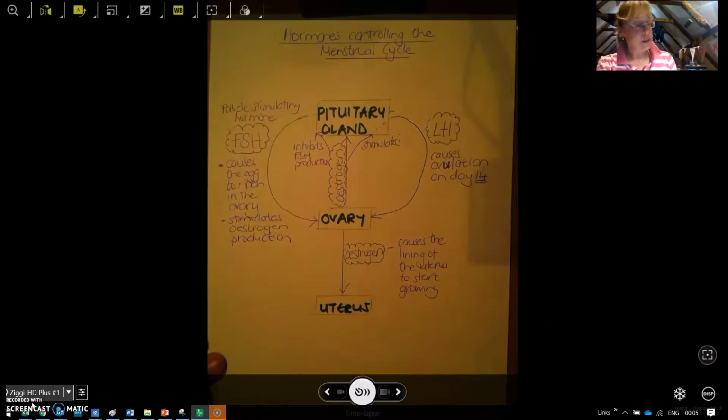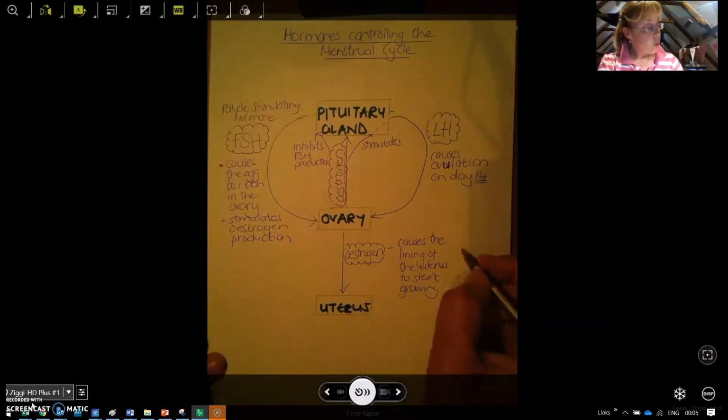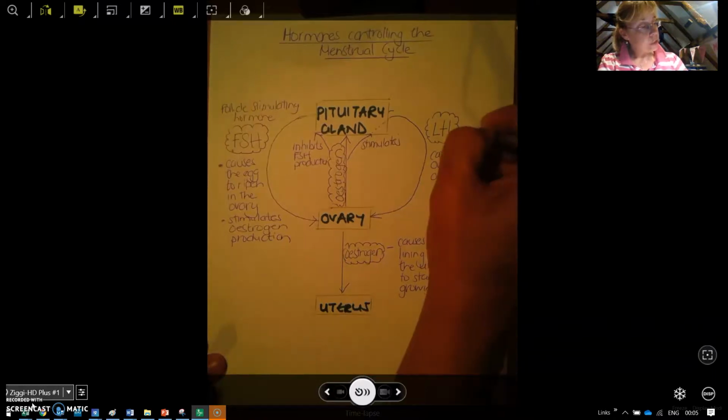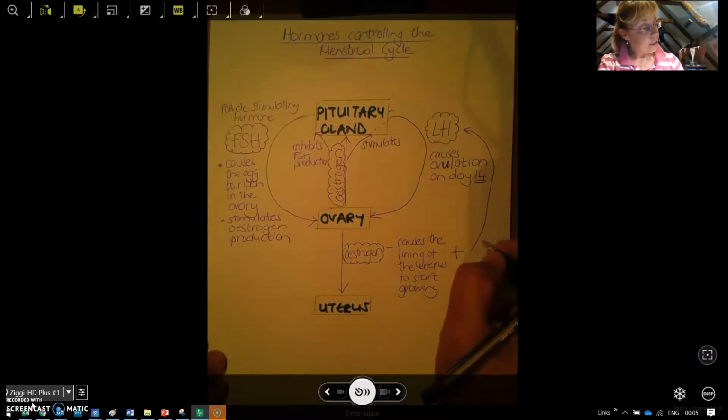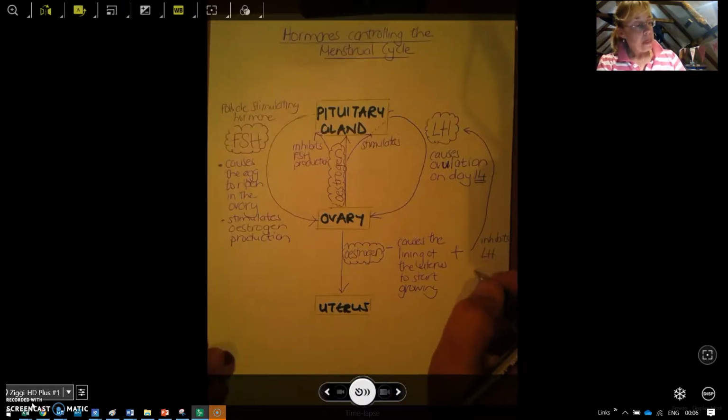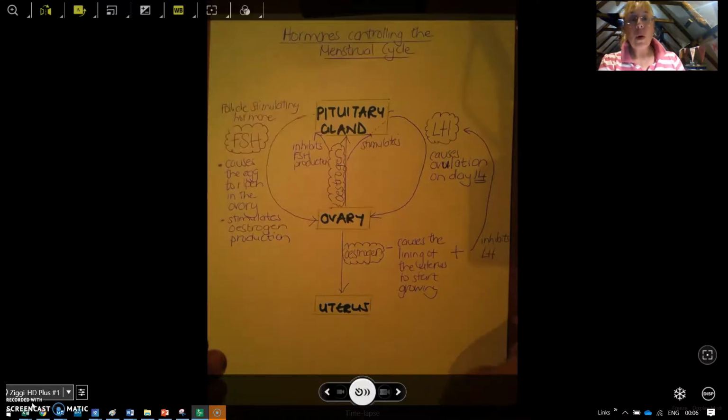And at the same time, estrogen causes LH to switch off, so it causes LH to be inhibited. So no more eggs will be released.